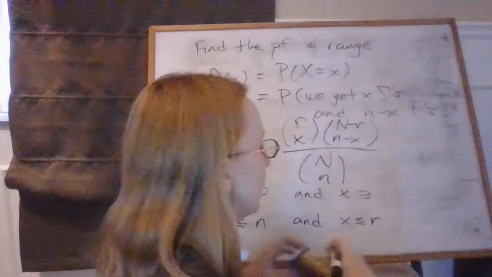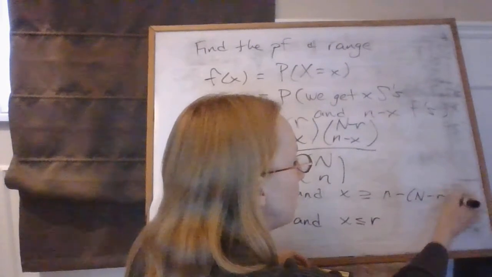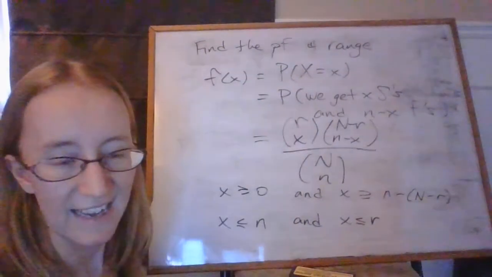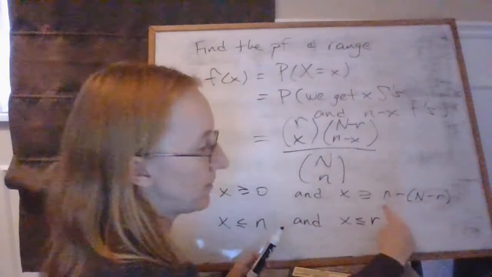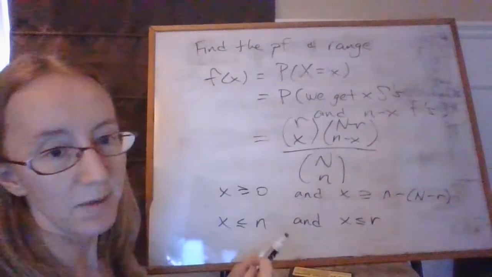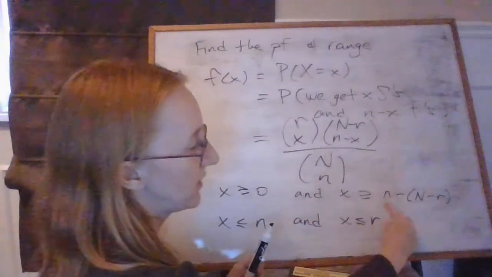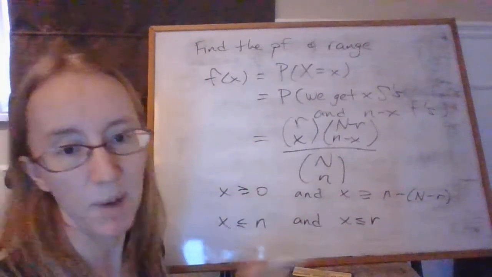So I guess n minus r. That makes sense. So this is the total number of failures available, and this is the number of objects that we're selecting. So the number of successes we get will be at least as big as the number of objects we select minus getting all the failures that could possibly be gotten.